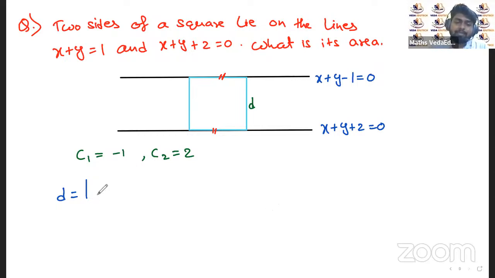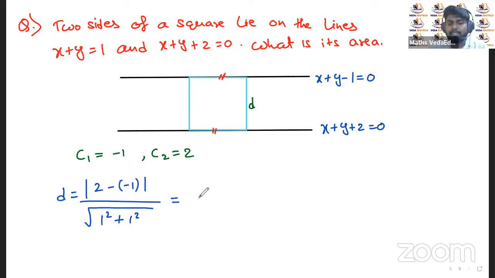So C2 minus C1 is 2 minus of minus 1, whole divided by the square root of 1 squared plus 1 squared. So 2 minus of minus 1 gives plus 3, divided by root 2. So d is 3 by root 2.